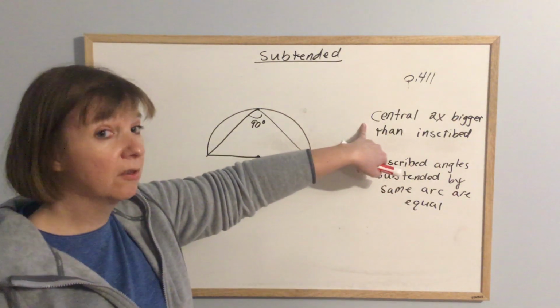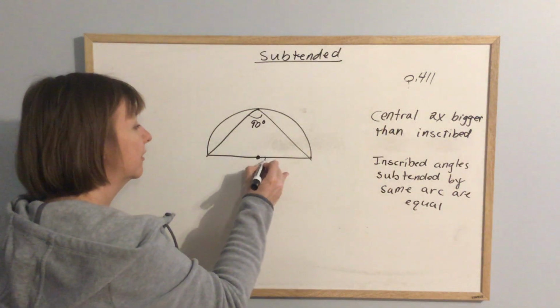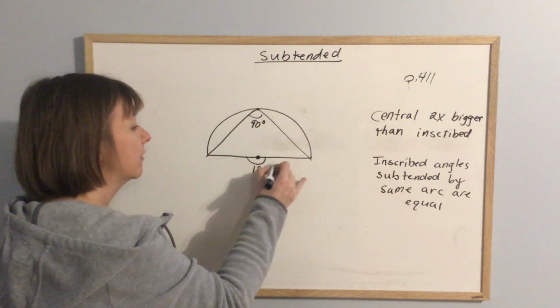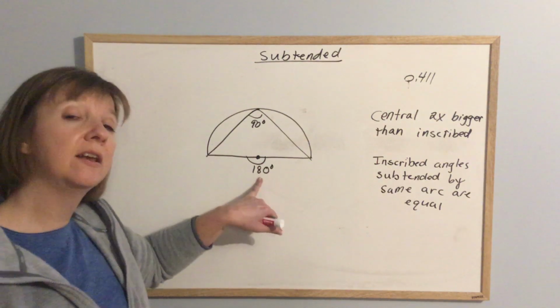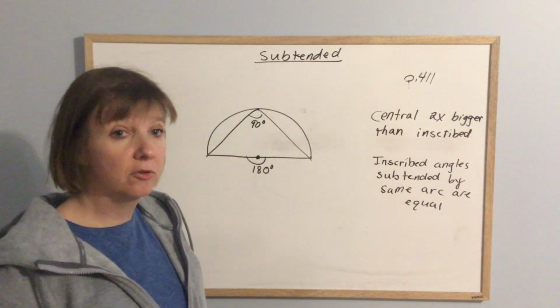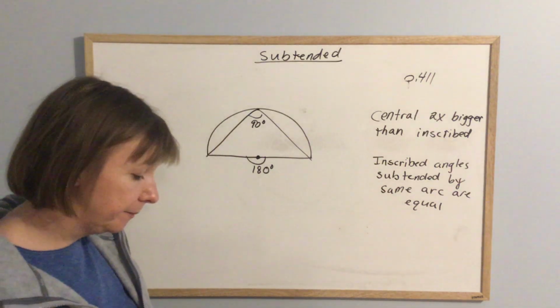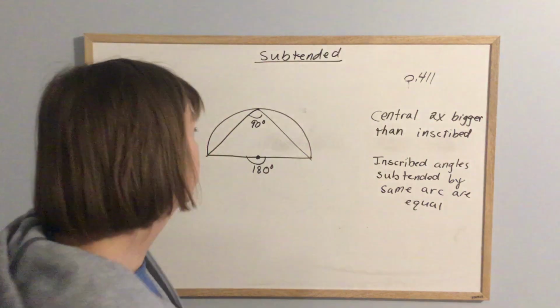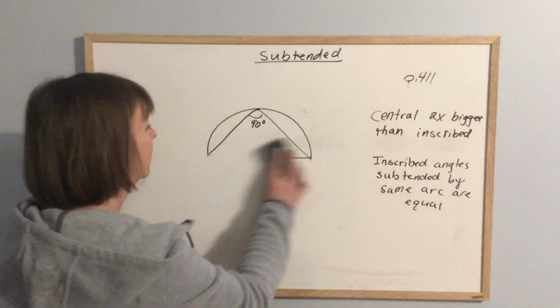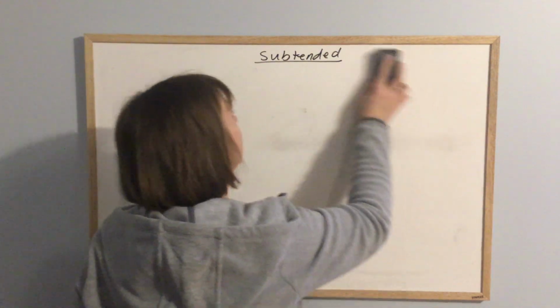But if you know this one, you know that, because this is a central angle, and since it's a straight line, it's 180 degrees. And we know that a central angle is 2 times bigger than the inscribed angle, so it only makes sense.